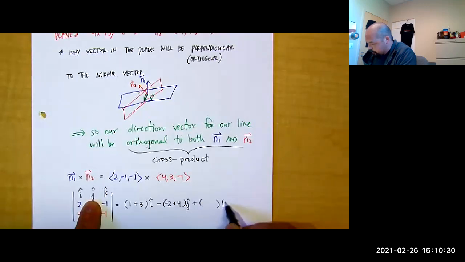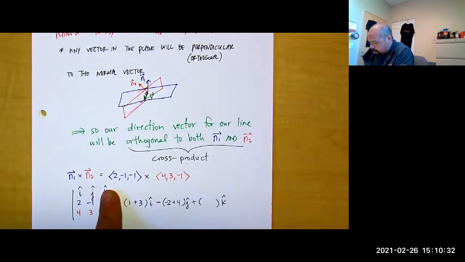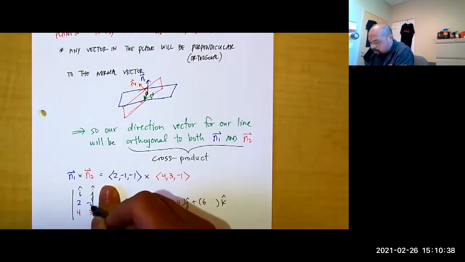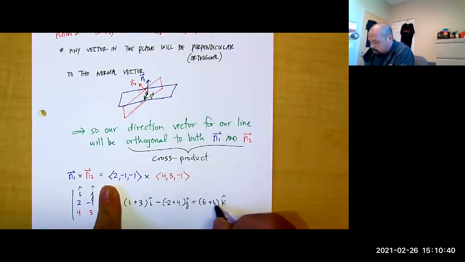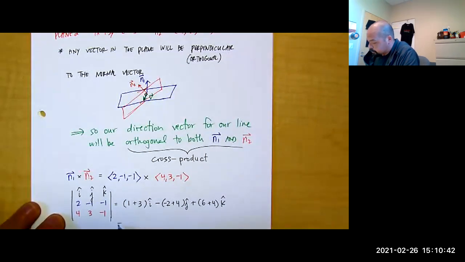And then lastly, for that k component, column and row go away. 2 times 3 is 6, minus 4 times -4, so 6 plus 4. So in this case, we're getting 4i, -2 plus 4 is +2, minus stays minus 2j, plus 10k.